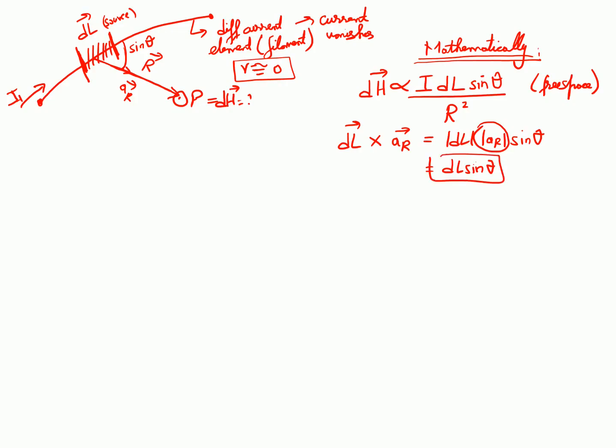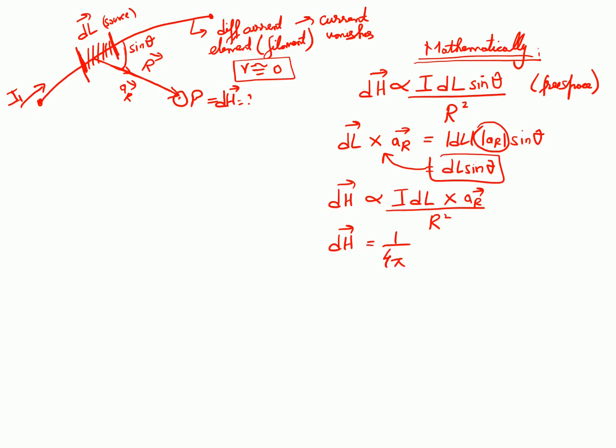So this dL sine theta can be replaced by this entity, where now my equation simplifies to dH is directly proportional to I dL sine theta, which can be written as dL cross the unit vector aR, divided by the distance R squared. In order to get rid of this constant of proportionality, I can say dH is equal to 1 divided by 4 pi.